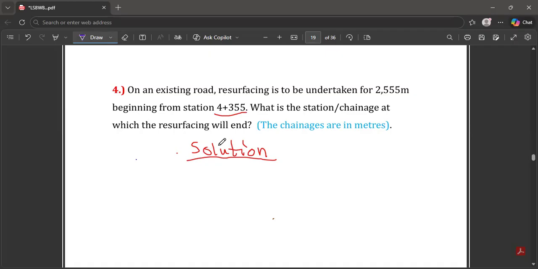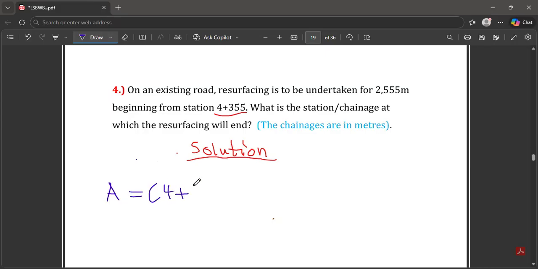Or what we are going to do is that, first of all, the starting point. Let's take the starting point as A. So we can say that A is equal to what? Starting point.